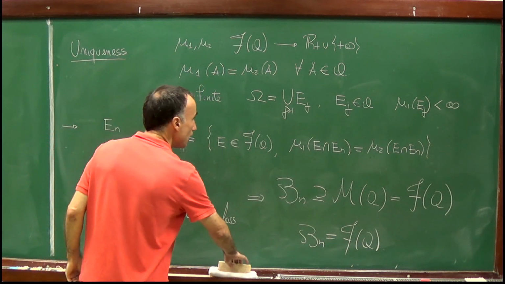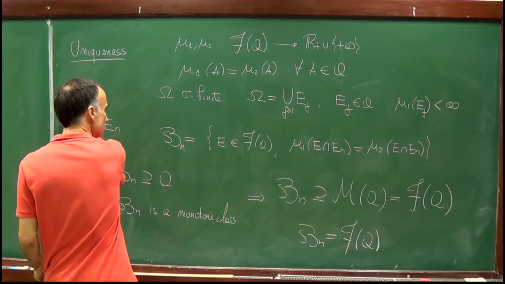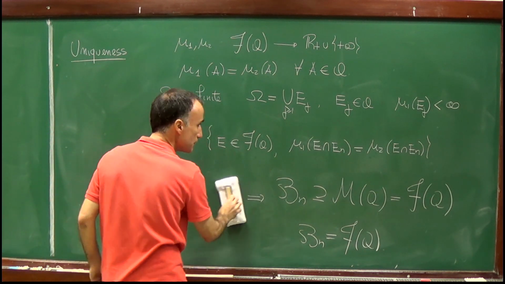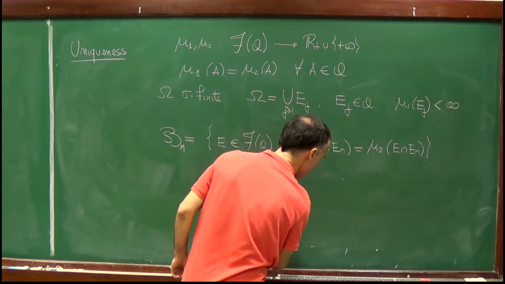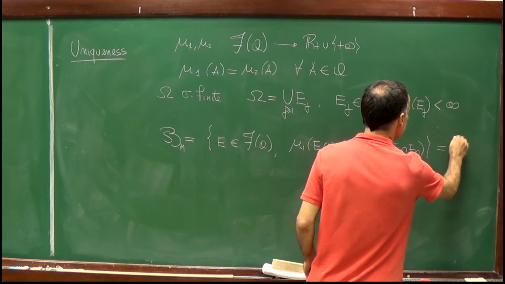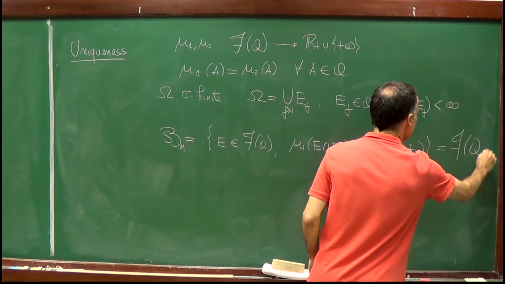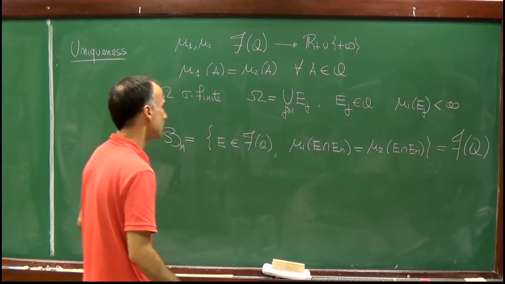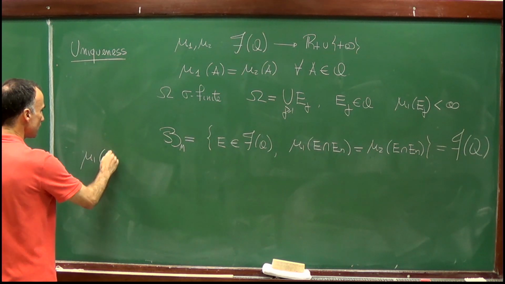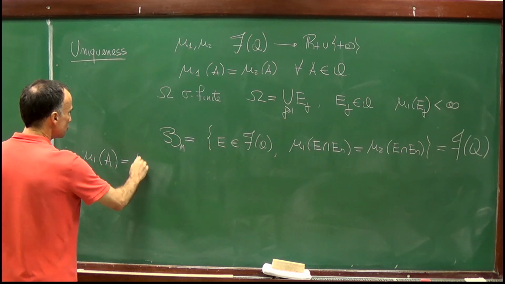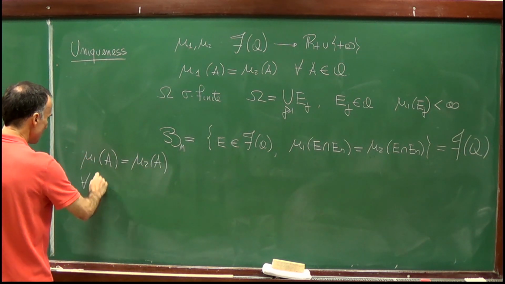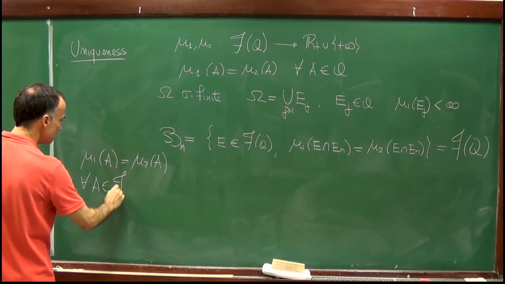So let me erase just this piece. Right? So I just proved that Bn is equal to F of A. So I want to show now that mu1 of A is equal to mu2 of A for any A in the sigma algebra.